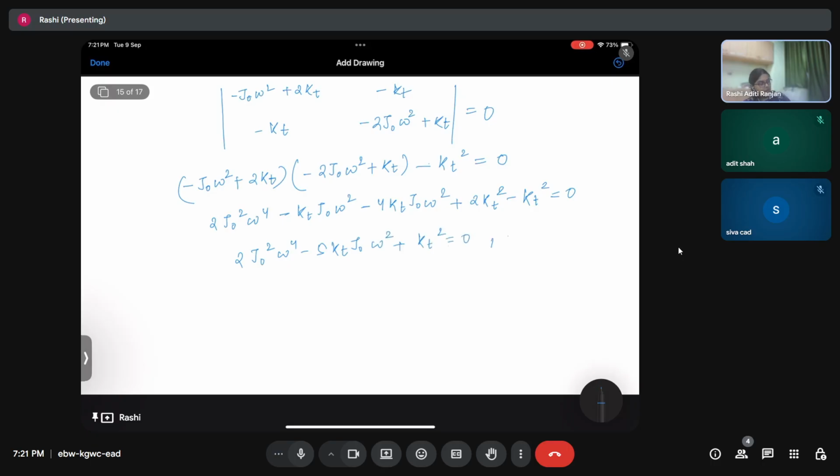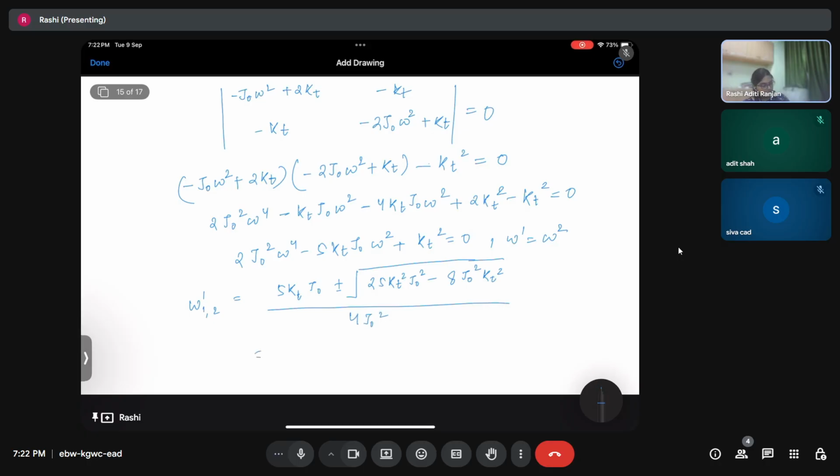Again, we can assume omega dash as omega square, because of which it will become a quadratic equation, and then we can write omega dash 1, 2 as minus b, that is 5 kt J naught, plus minus under root of b square, 25 kt square J naught square, minus 4 into 2 into 8... minus 4 a c, divided by 4 J naught square, twice of a.